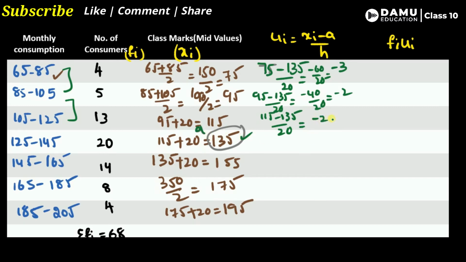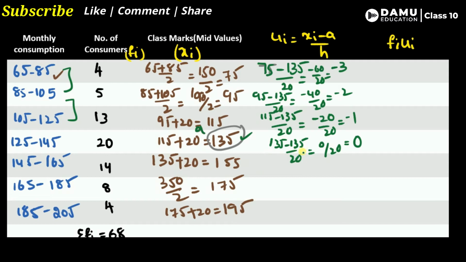So minus 20 by 20 gives minus 1. If you observe, it follows the rule of integers: minus 3, minus 2, minus 1. Then 135 minus 135 by 20 is 0 by 20, and 0 by anything is 0.